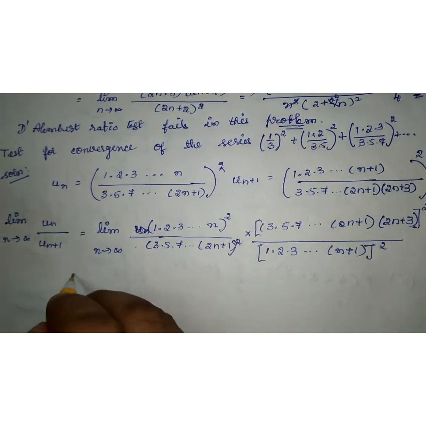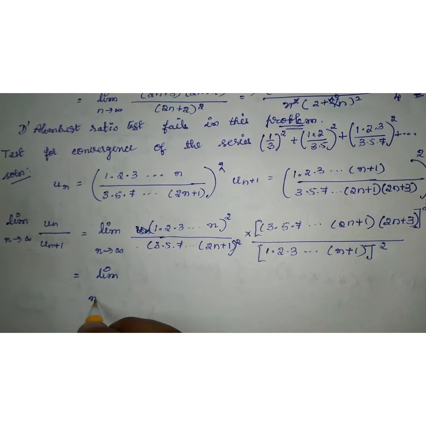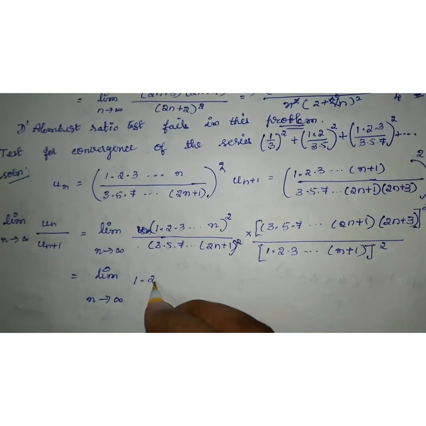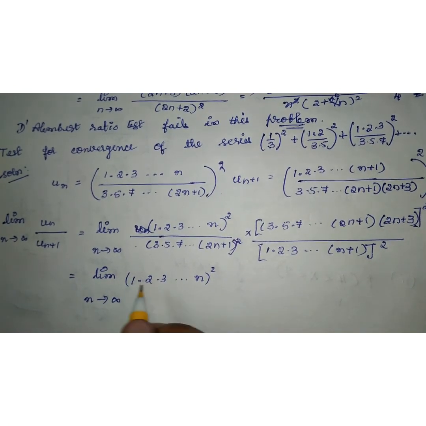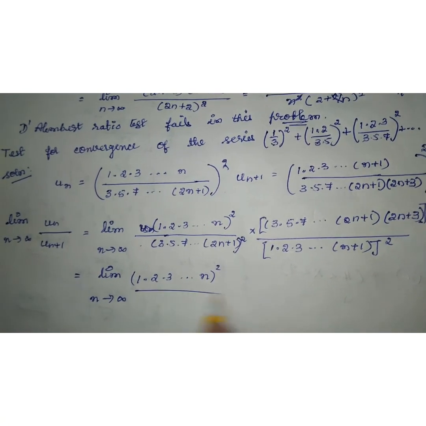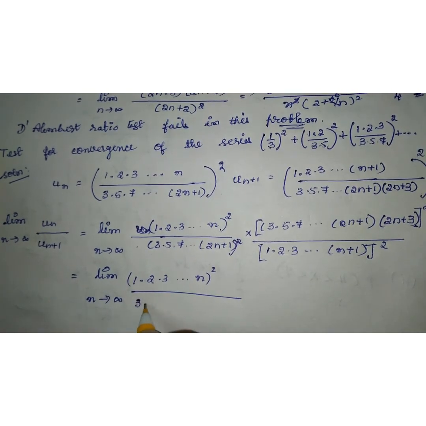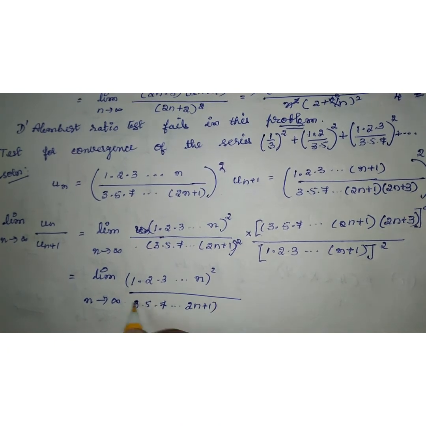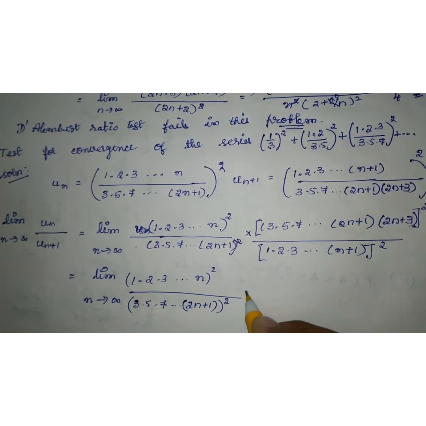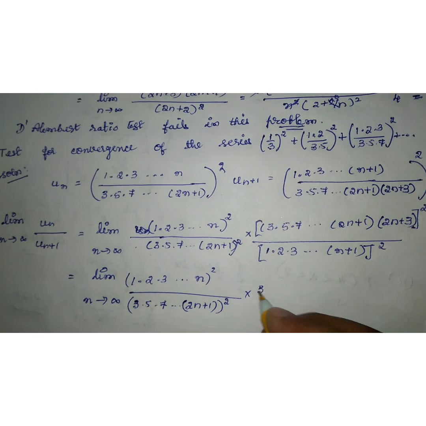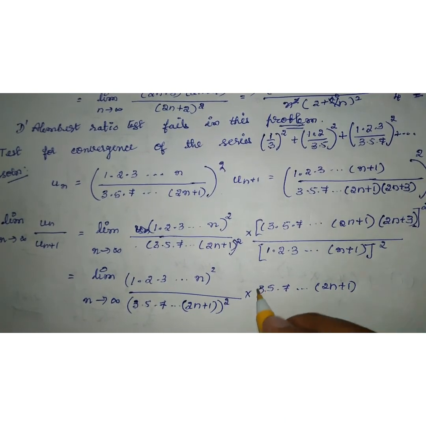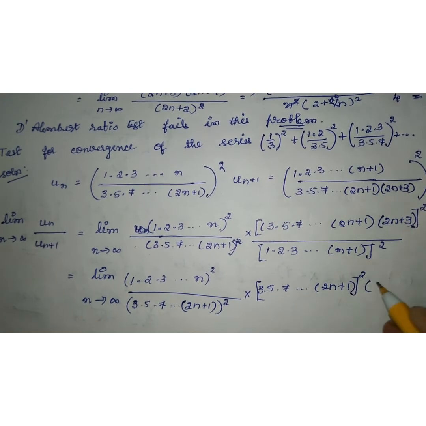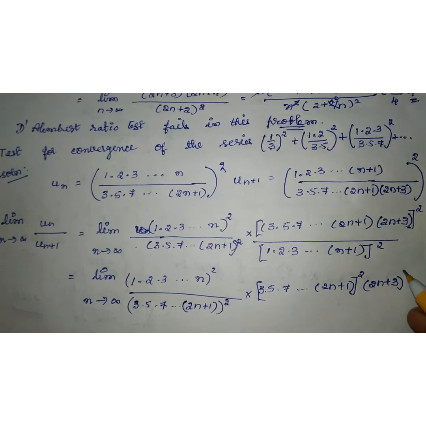So further it is limit n tends to infinity, 1 2 3 etc. n whole square. This is nothing but 1 square into 2 square into 3 square. In the denominator it is 3 into 5 into 7 into 2n plus 1 whole square, into 2n plus 3 whole square.